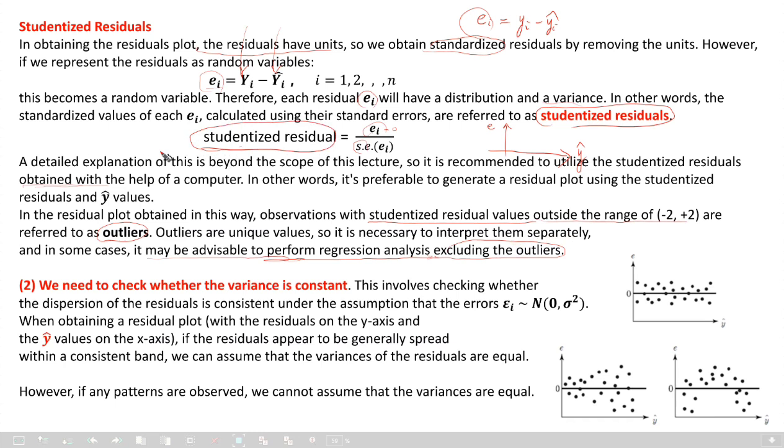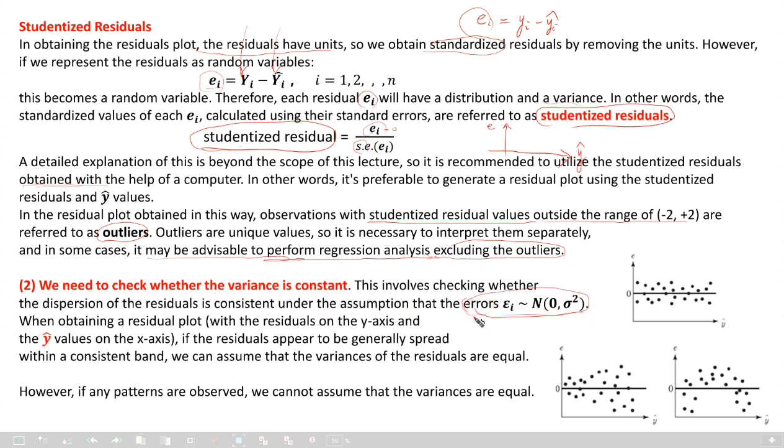Second, we need to check, we studied the normality of the residual, and we need to check whether the variance is constant. This is the second assumption, right? This involves checking whether the dispersion of residuals is constant under the assumption of error.